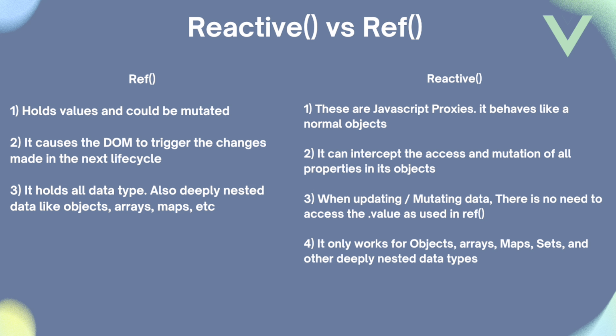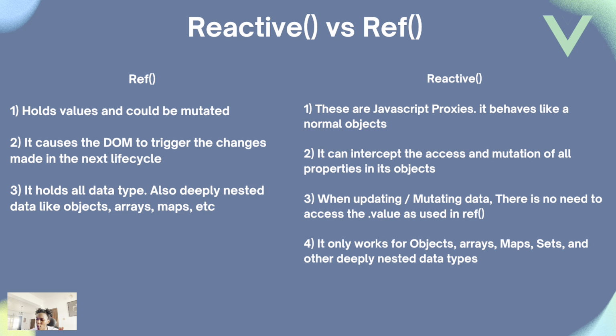So you can access the properties in a reactive directly, just like what we had here. You could see that we had name props.name. We didn't have to go into value before we could access name. But reactive only works for nested data types like objects, arrays, maps. It doesn't work for strings, numbers, or integers.